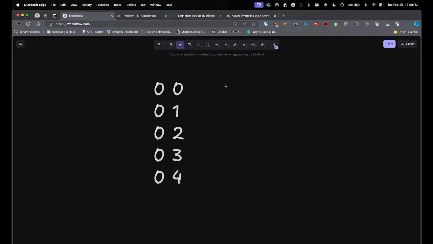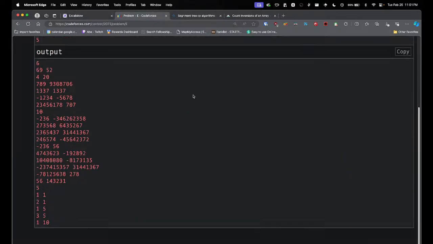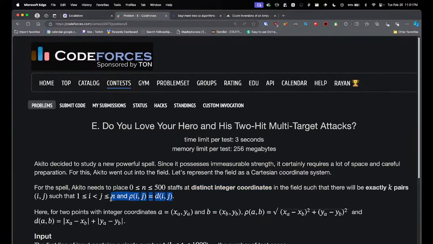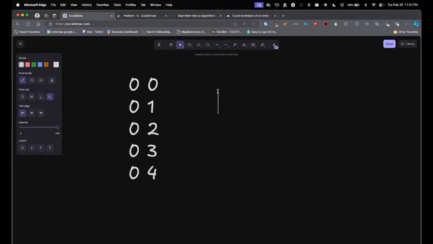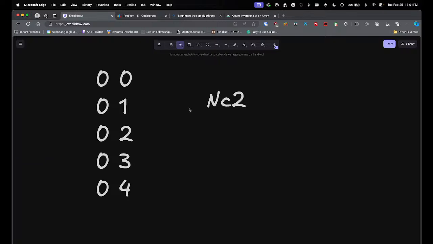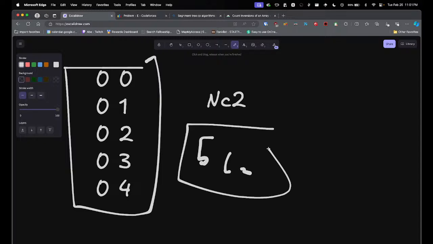For example, if I'm taking these points, how many pairs are there such that this is equal? Choosing any two of these gives me a valid pair, right? So it is NC2. If I choose, for example, five different points, my number of pairs is 5C2. Okay, does this make sense?